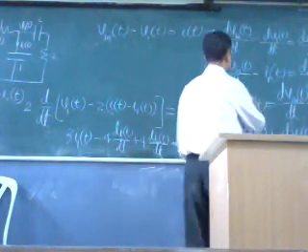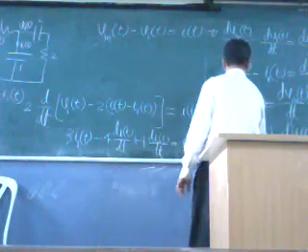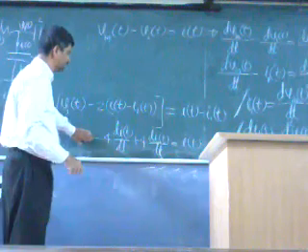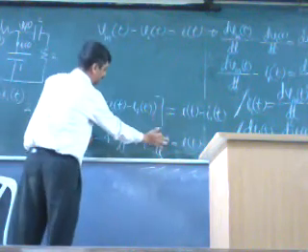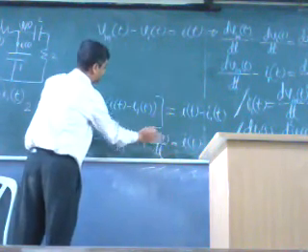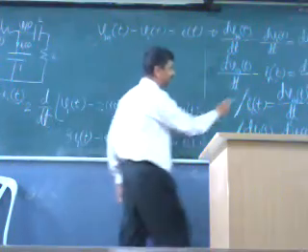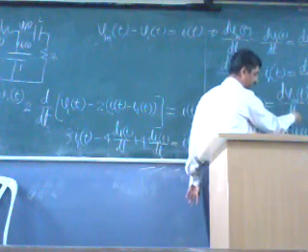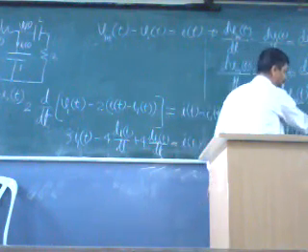Then simply substitute this and this in this equation. When you substitute, I1(t) goes, dI1(t) goes, and what remains is dI(t)/dt, I(t), dV(t)/dt, d2V(t)/dt2, d2I(t)/dt2.